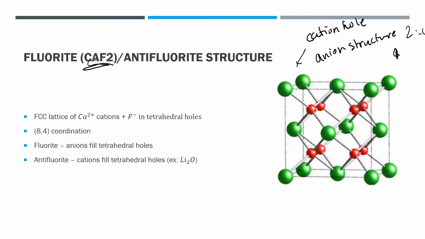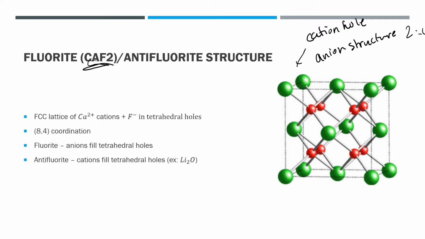So unlike my cesium chloride and my NaCl, it actually matters in this case. I just want to stress that because I said in the previous slide that you can switch the two and it doesn't really matter. In these cases where the stoichiometric ratio is different, it is going to matter, because it'll flip your stoichiometric ratio if you flip the positions of the anions and cations.